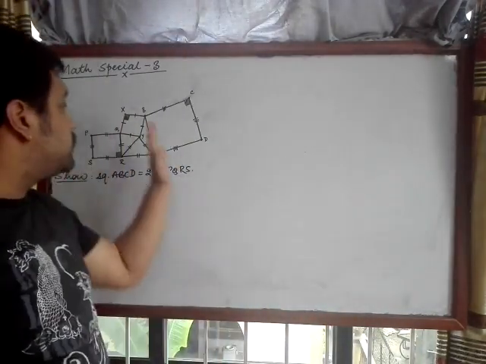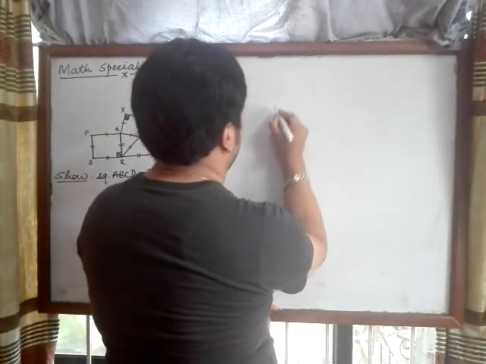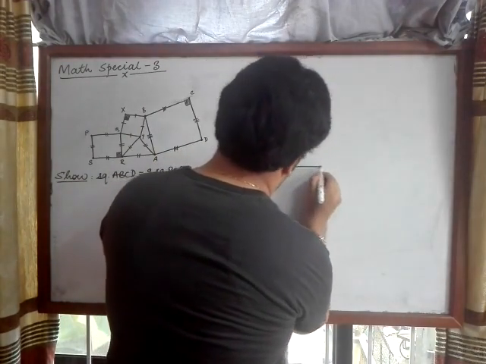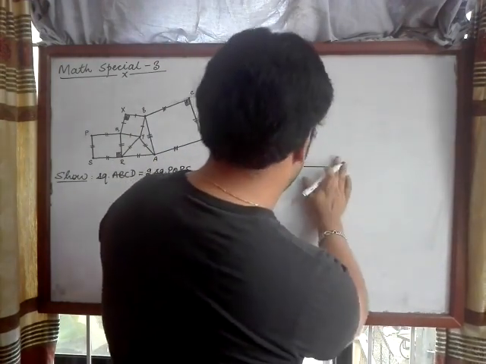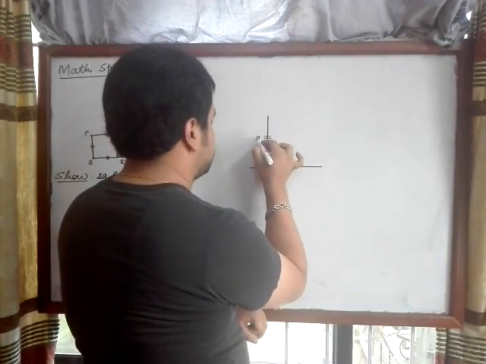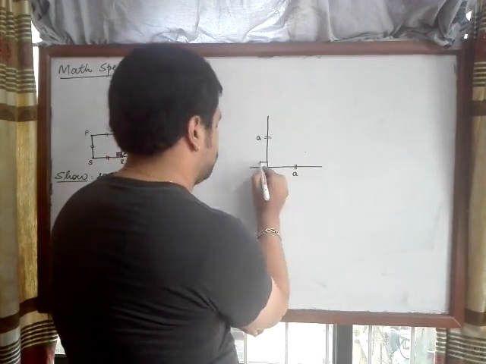First of all, let's ignore this square and this square. Then what we have is something like this. If I say this is A, then this is A. We have 90 degrees.